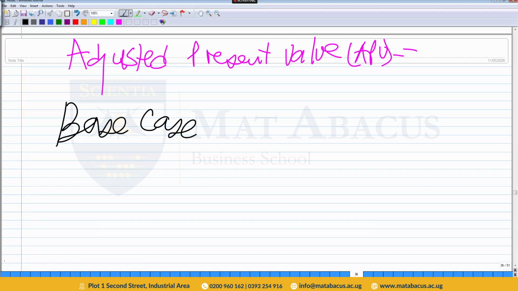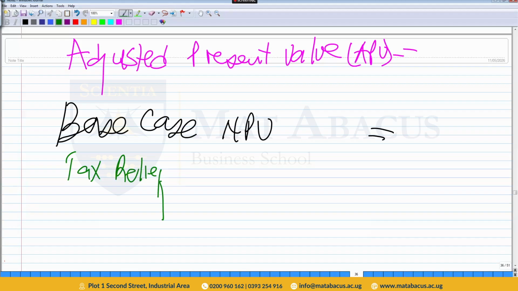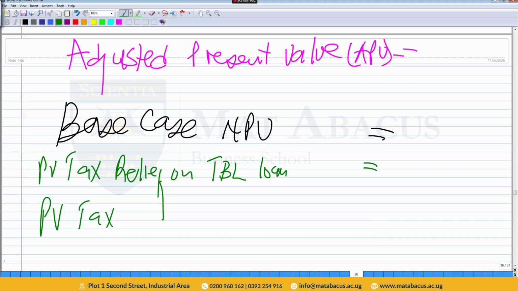You will bring that figure, and then you will bring tax relief on TBL loan. Remember that is present value. You'll also get present value tax relief on UDB loan. You'll bring it there.